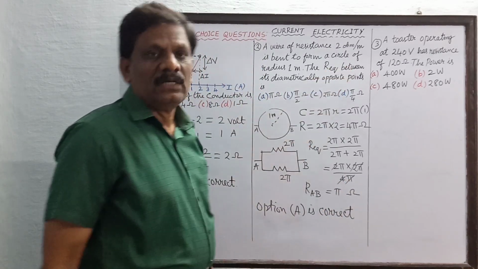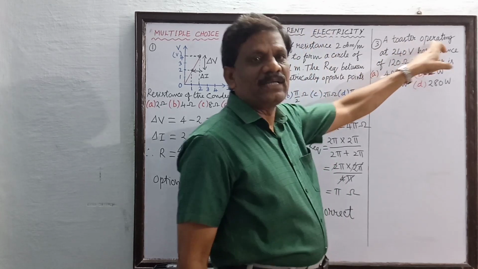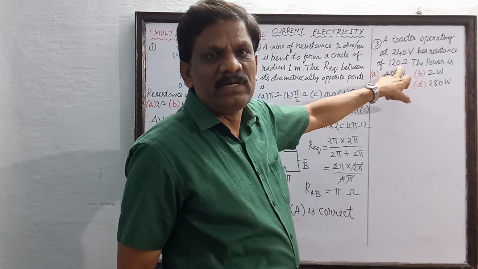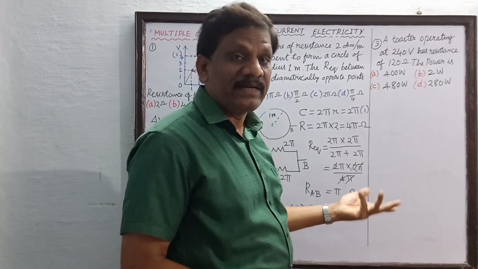Now coming to the third, very simple problem. A toaster operates at 240 volt. It has a resistance of 120 ohm. Then the power is asked. Very simple, direct question.